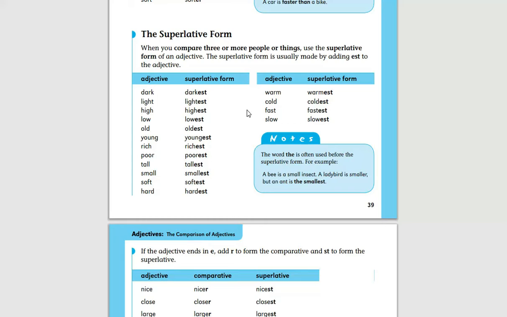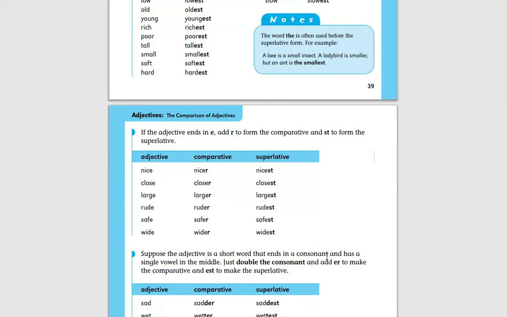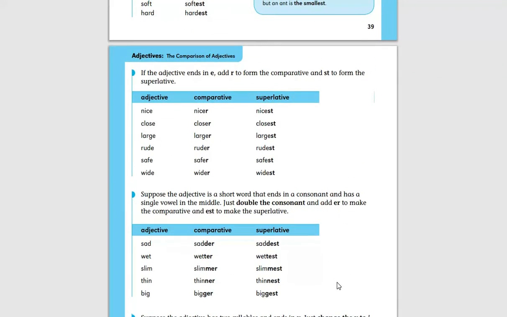Okay. We go to if the adjective ends in E, add R to form the comparative and ST to form the superlative. Okay, this one is the special example, which is if the adjective ends in E. So we add R to form the comparative and ST to form the superlative.